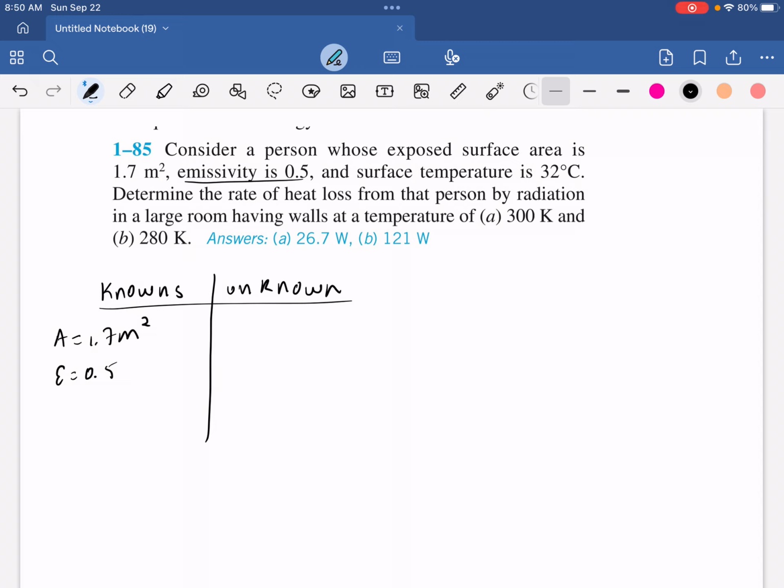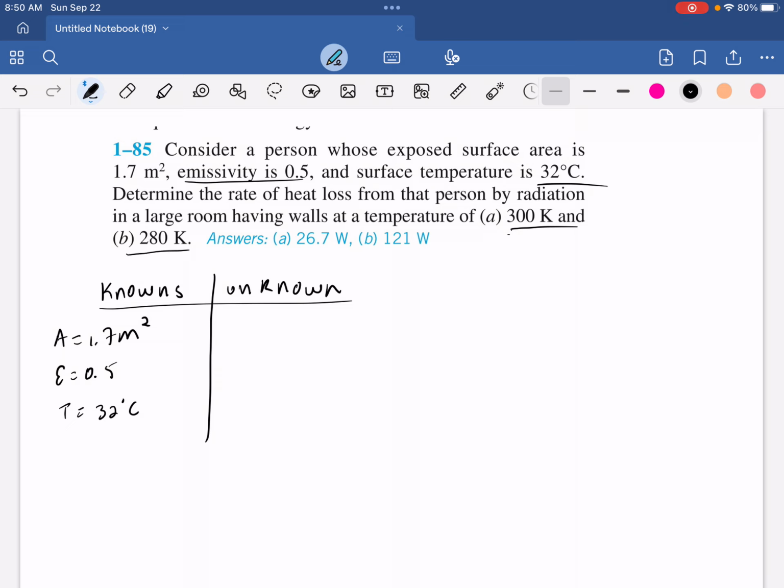And also the temperature is 32 degrees Celsius. If you guys read the problem, they actually want you to find what it would be at 300 kelvins and at 280 kelvins.